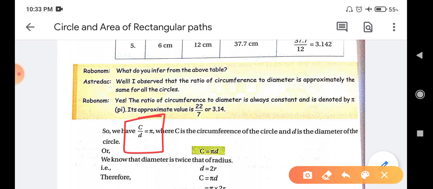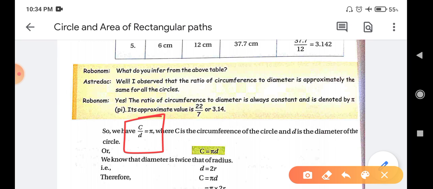C means circumference, D means diameter, and pi is 3.14. In all cases we have seen that the ratio of circumference to diameter is the same, that is 3.14. So C over D is equal to pi.